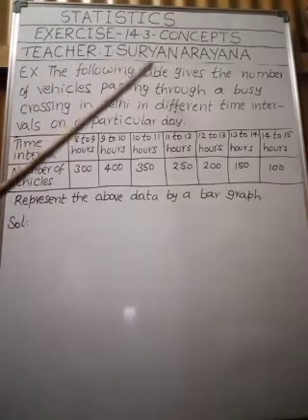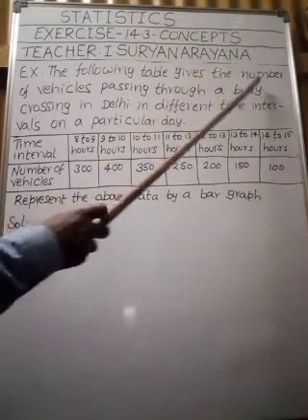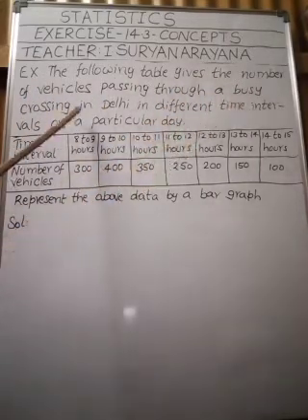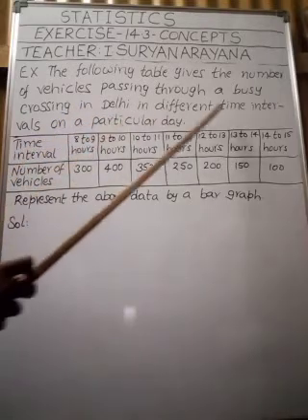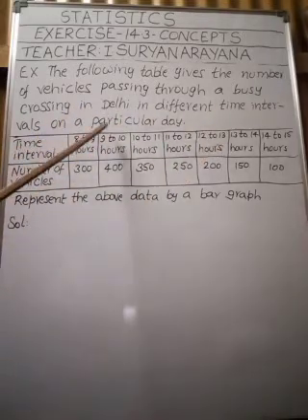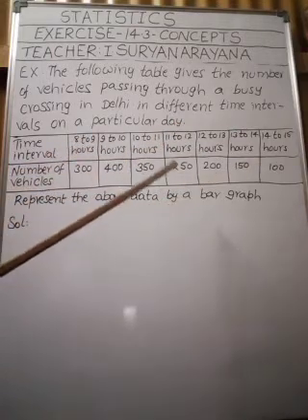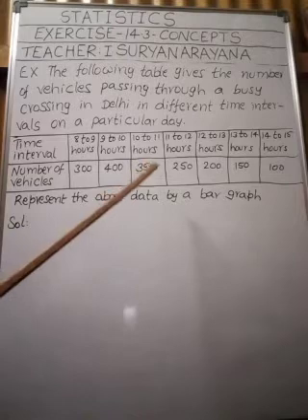The following table gives the number of vehicles passing through a busy crossing in Delhi in different time intervals on a particular day. The data is given in tabular form.